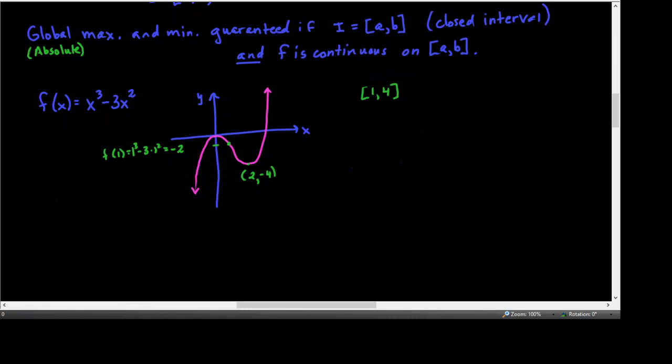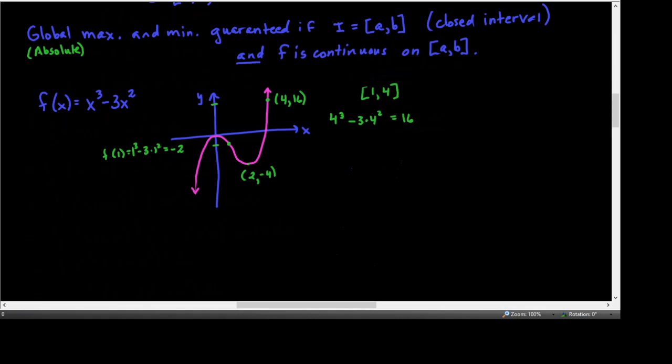And then at 4, 4 cubed minus 3 times 4 squared, 64 minus 48 is 16. I believe that's correct. And so at 4, say this point right here is at 4, 16.